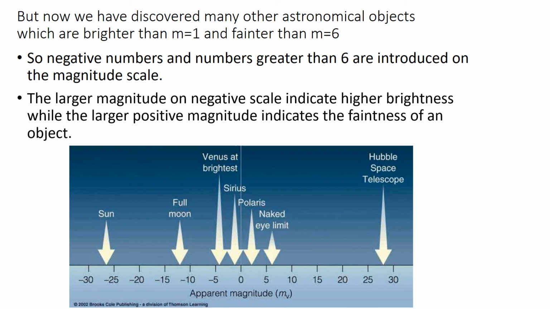If we go to the right side of the magnitude scale, brightness decreases. Here you can see the Hubble telescope, which was the most powerful space telescope sent by NASA and has now been succeeded by the James Webb telescope, is a very faint object in our sky.